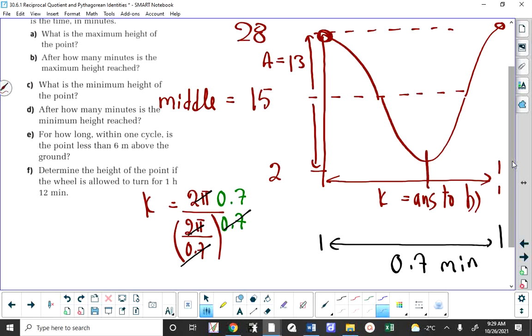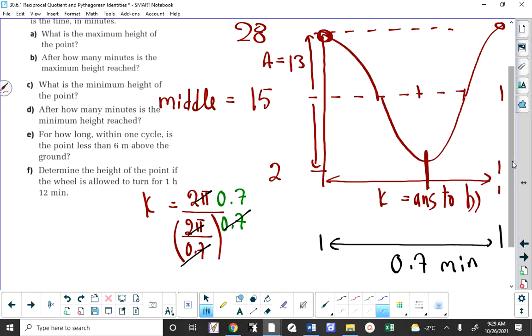You can just say the minimum is going to be reached halfway in its cycle. So if it's 0.7 minutes, my graph is not really that great. But remember, it's 4 equal pieces. So this time corresponds to half of the total period. So the answer to D would be 0.35 minutes, half of the period.